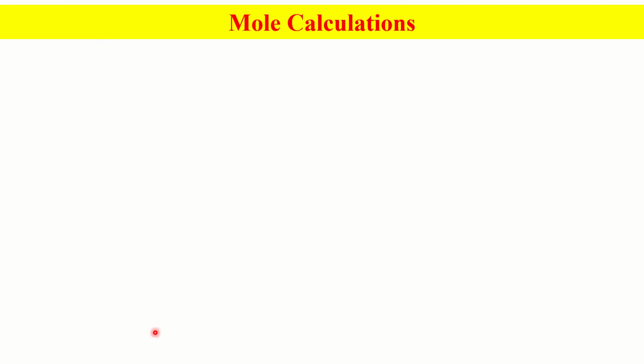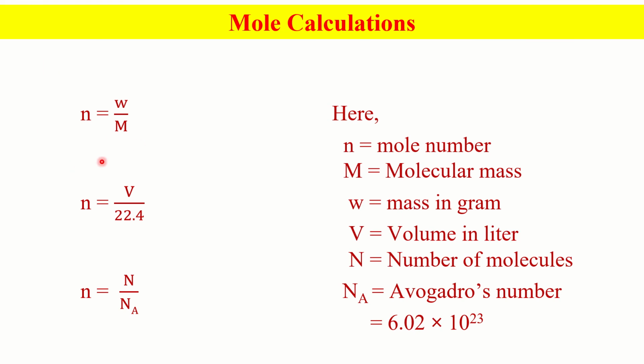Now we will learn about some formulas. By using these, we can do the math. All are related with mole. This n denotes mole number. n equals W divided by M, where W is mass in gram and M is molecular mass, that is gram molecular mass. n equals V by 22.4, where V is volume of the gas in liter and 22.4 liter is the molar volume.